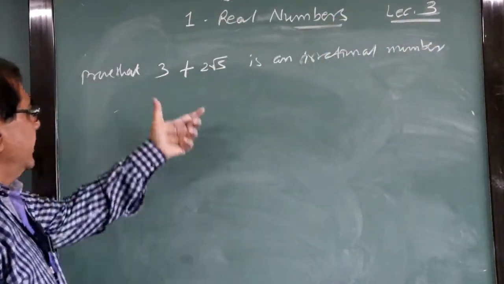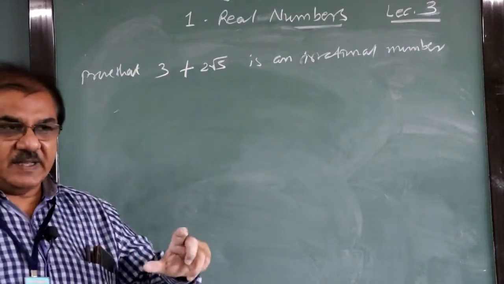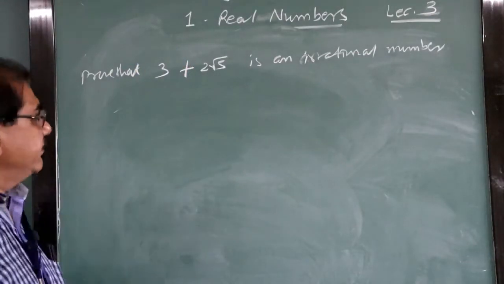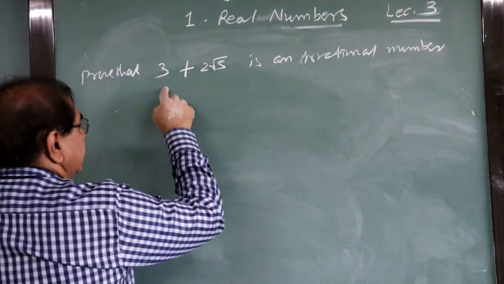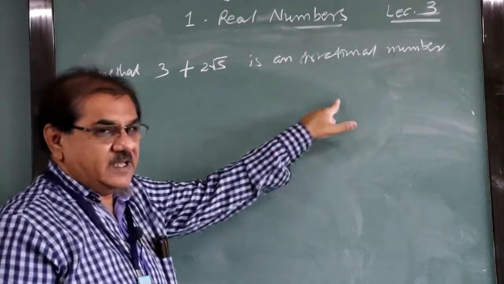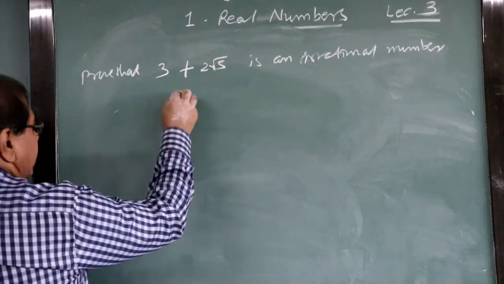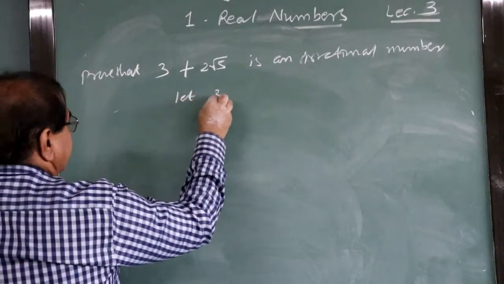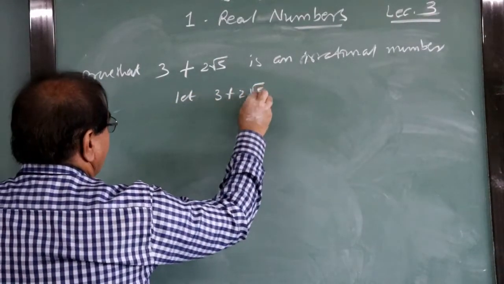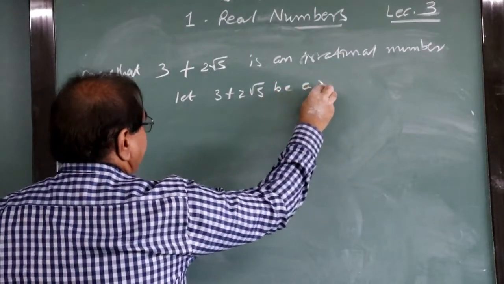Clear? So again the same method of contradiction we use. We want to prove 3 plus 2 root 5 is irrational. We assume that suppose it is a rational number. So let us start. Let 3 plus 2 root 5 be a rational.